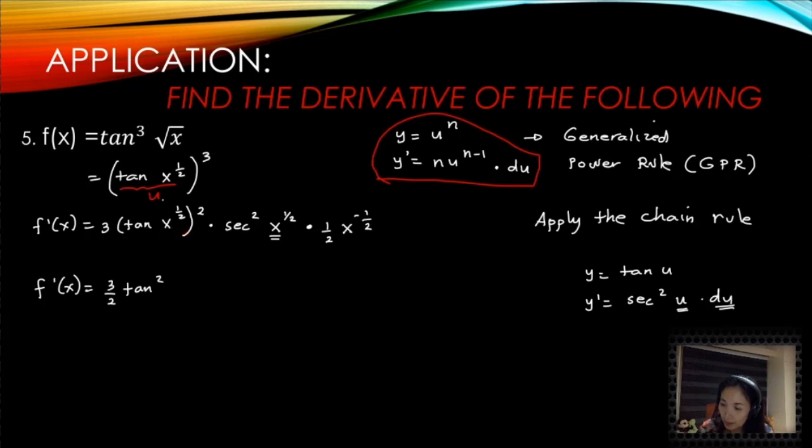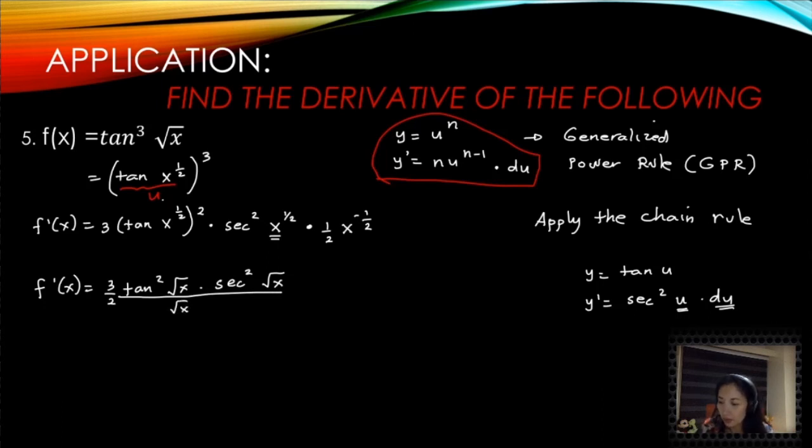So tan squared square root of x times secant squared square root of x. And what happens to this? With the negative exponent, make it positive, I have to write it in the denominator, all over the square root of x.